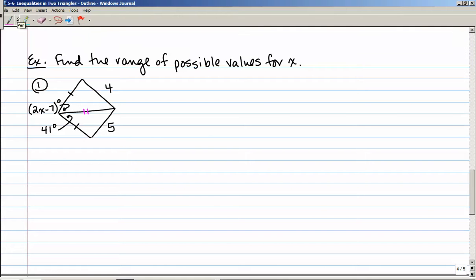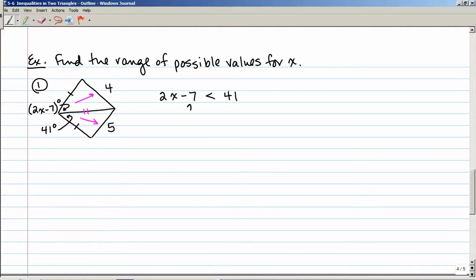Okay, and 2x minus 7 is opposite a side that's 4 units long, and the 41-degree angle is opposite a side that is 5 units long. So that means that 2x minus 7, because it's opposite a 4-unit side, has to be less than 41 degrees, because that's opposite a side that's 5 units long.